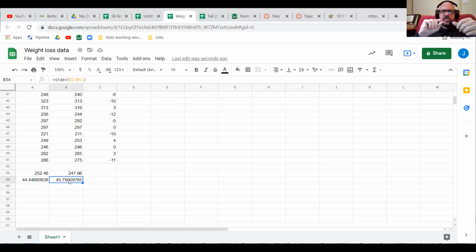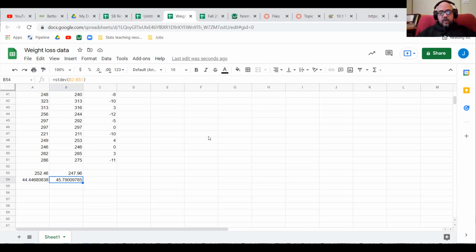That relatively small amount of change in the average is going to be very hard to detect when the data is this inconsistent, right? A standard deviation of 44 or 45 with a difference in means of just 4 or 4.5 pounds is probably not going to be detectable if we did a 2 independent samples t-test.